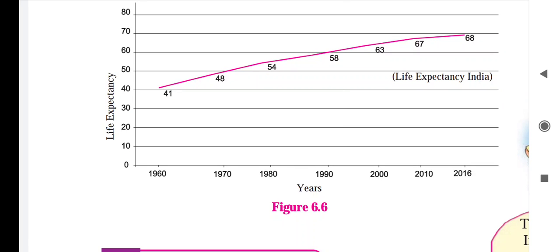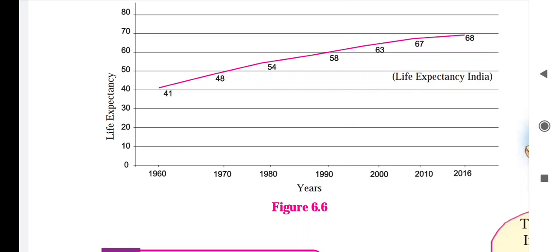I have told you, and I am repeating: if the government is giving good treatment to the poor people, in the civil hospitals, providing all kinds of facilities at very low cost, then the poor people can get good treatment, because they cannot afford expensive treatment.